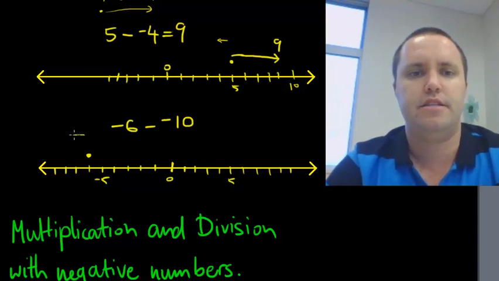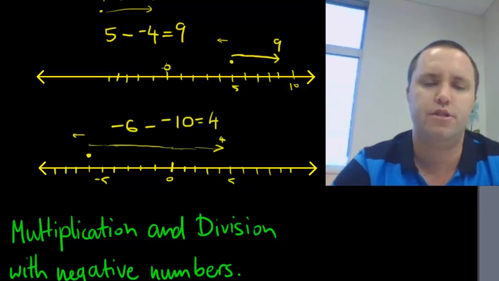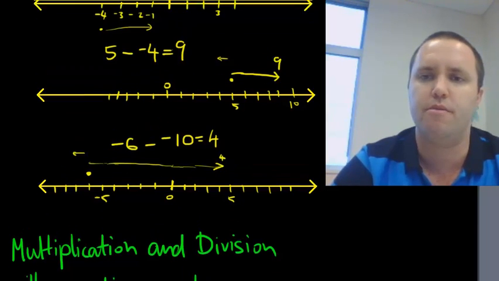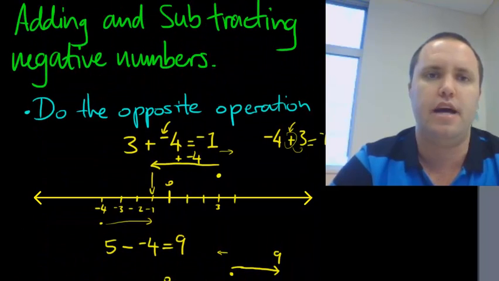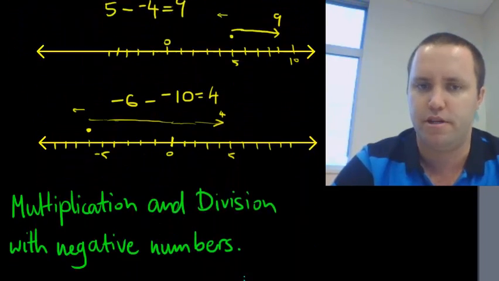We've been asked to take, which is usually this way, but because we're taking a negative number, we have to go the other way, and we go the other way 10. So that's 6, 7, 8, 9, 10, up to 4. So negative 6 take negative 10 is equal to 4. You'll get plenty of opportunity to practice those, but the main thing you need to remember is that if you are adding or subtracting a negative number, you do the opposite operation.